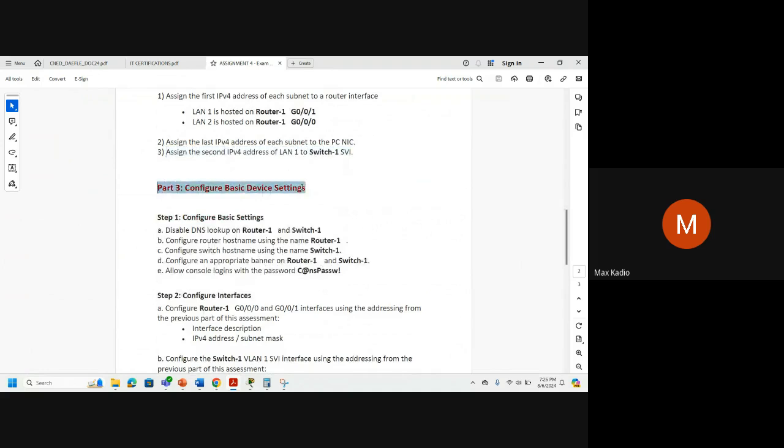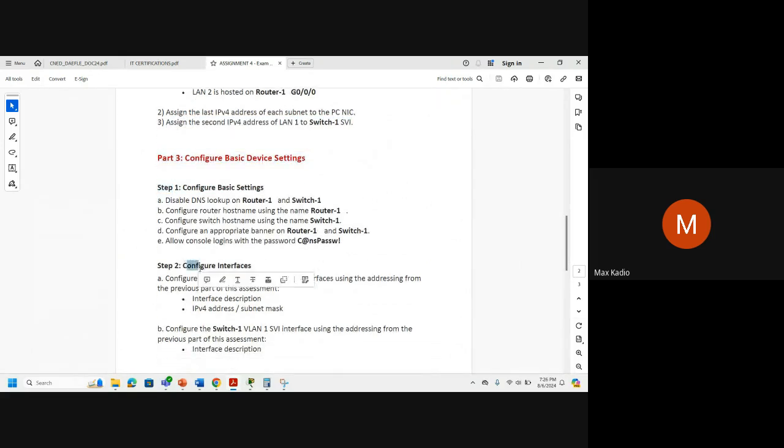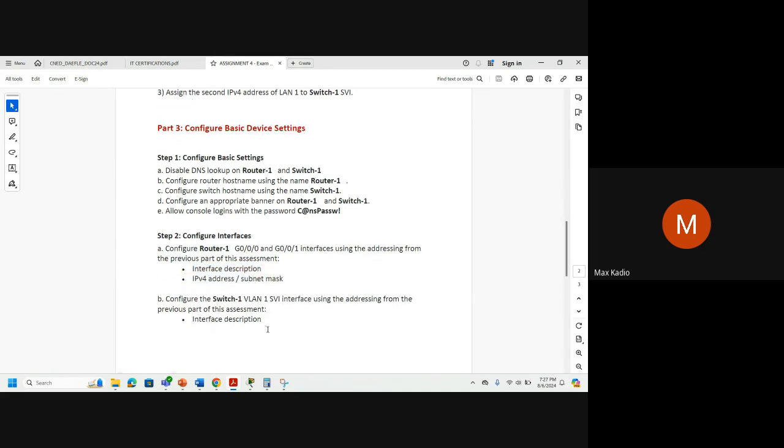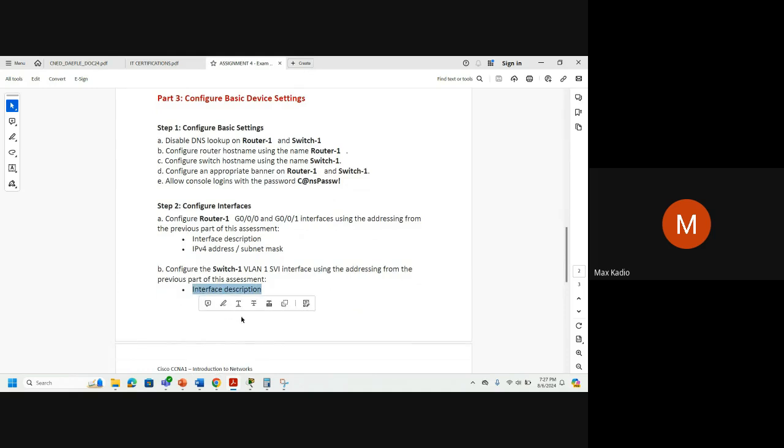Now part 3 and the basic settings. So configure interface of the router we did already. Interface G0/0, G0/1, we did. We forgot to add interface description.